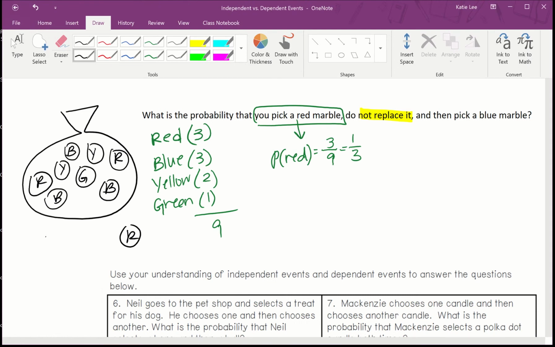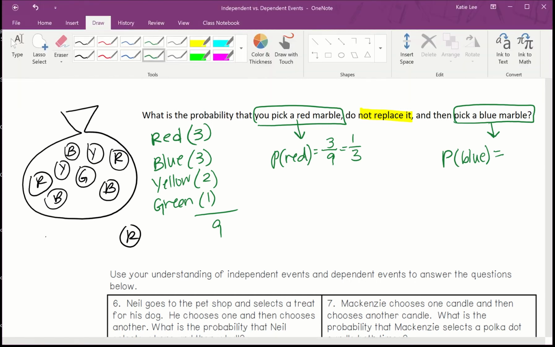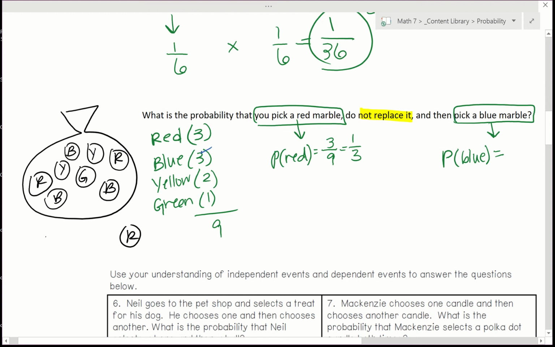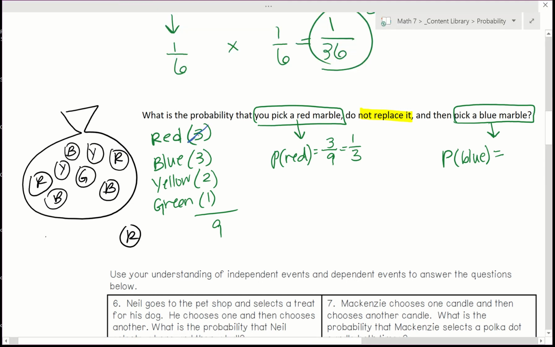Now I want to pick a blue marble. Well, I no longer have 9 marbles, because now I don't have 3 red marbles, I have 2 red marbles. So this is now 8 marbles. So now my probability of a blue marble is 3 out of 8 marbles.